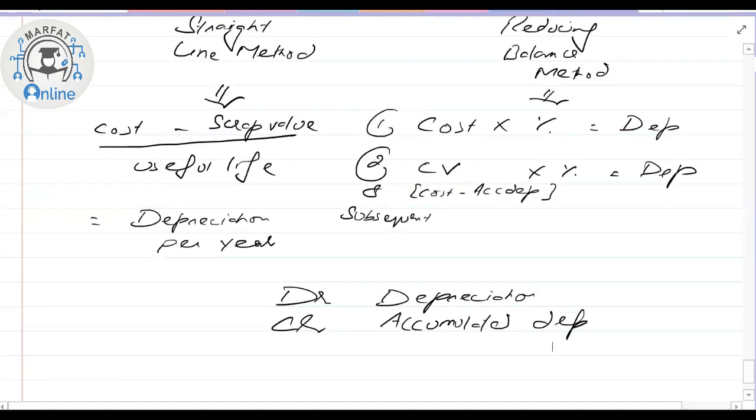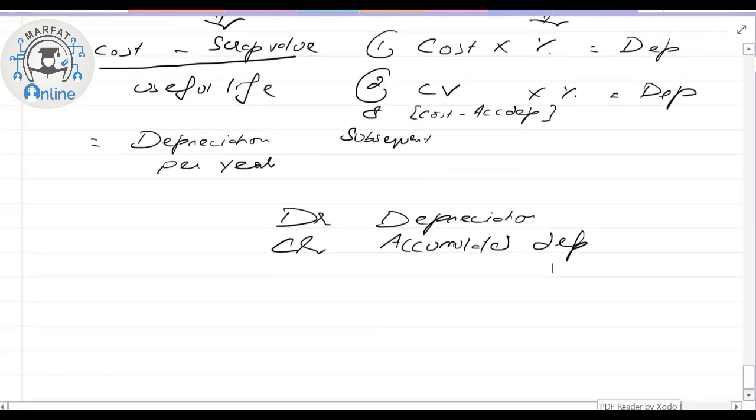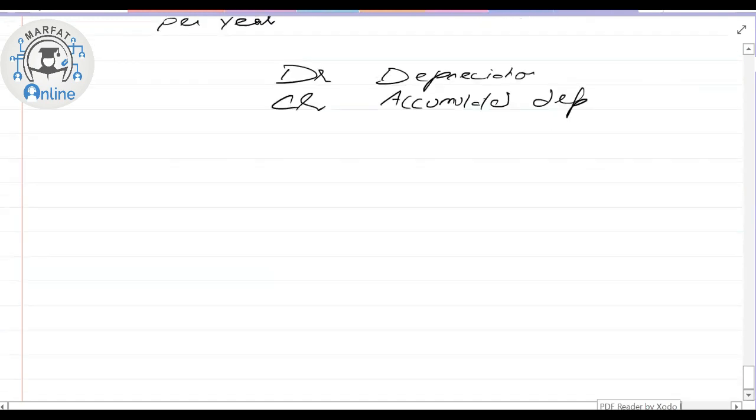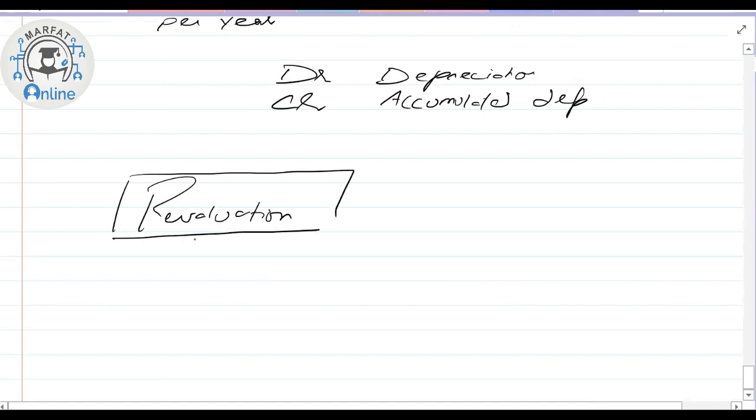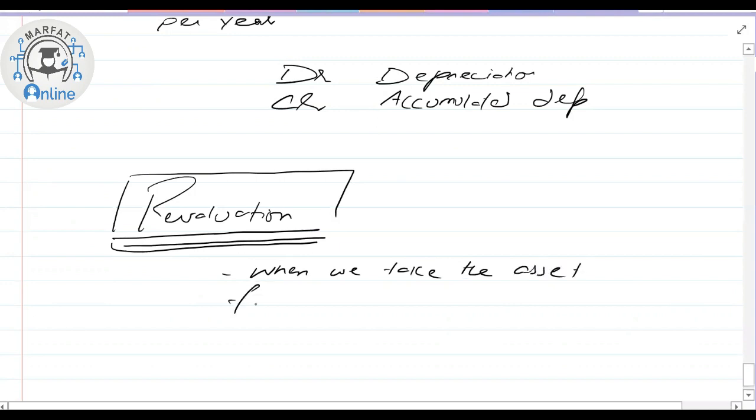Now what is this subsequent depreciation? In order to understand this, you need to have a look at revaluation. Revaluation is when we take the asset from carrying value.